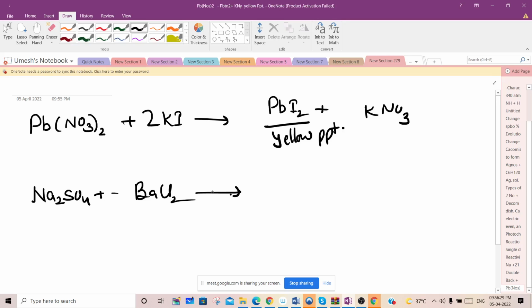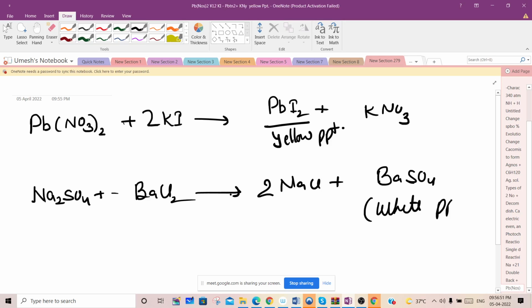Now you can complete the reaction. Next one. 2NaCl, barium sulfate. This will give you a white color precipitate. Understood?